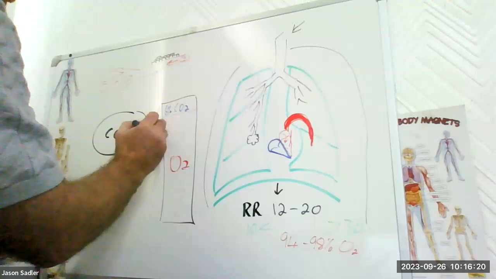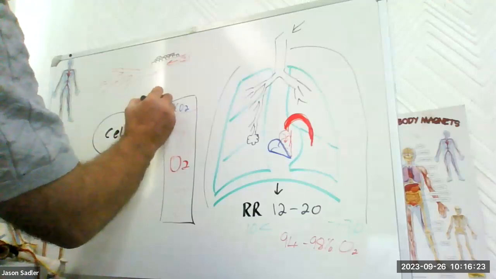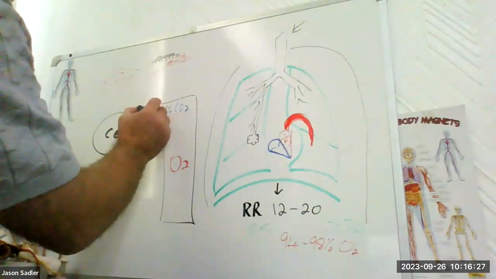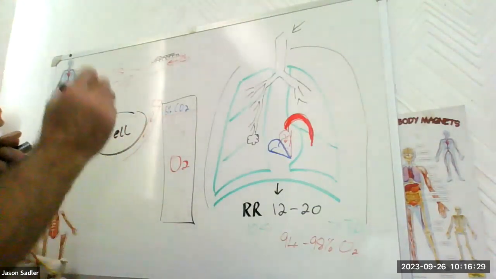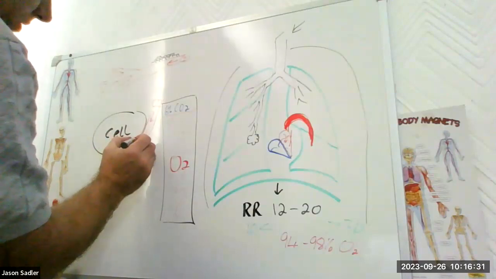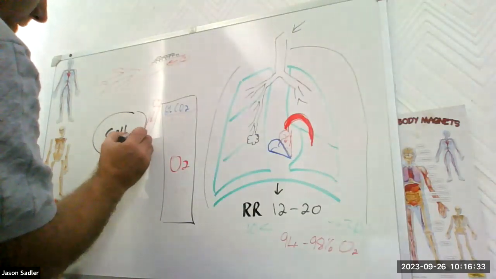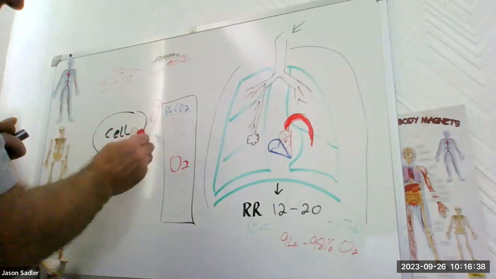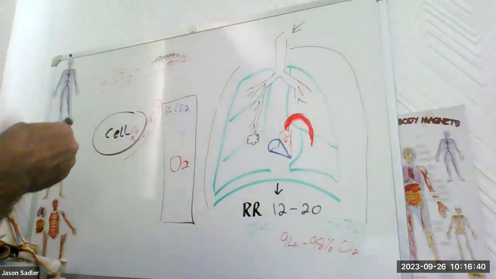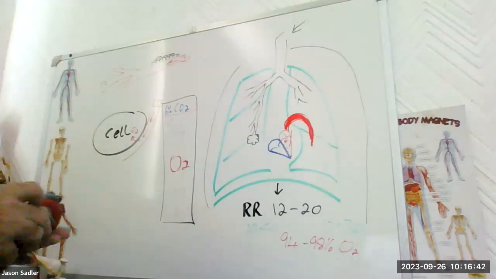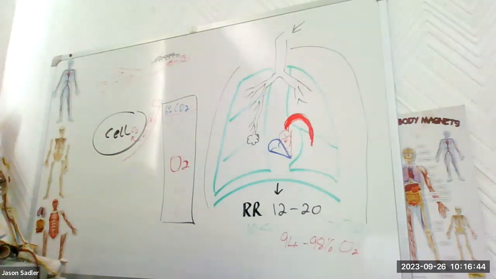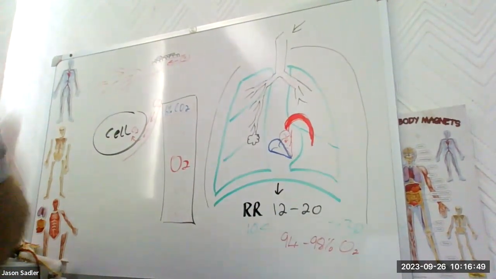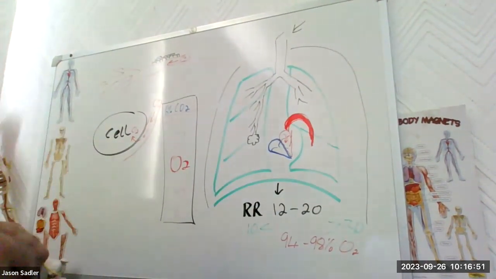And remember, what I've got in this blood vessel here is O2. So I know there's 21% O2 traveling through here. In fact, there's a nice little bit where the O2 can come into the cell. So the oxygen is able to diffuse into the cell. Now, the oxygen on its own is not enough. So we've got other stuff which is floating around or being transported by our blood.